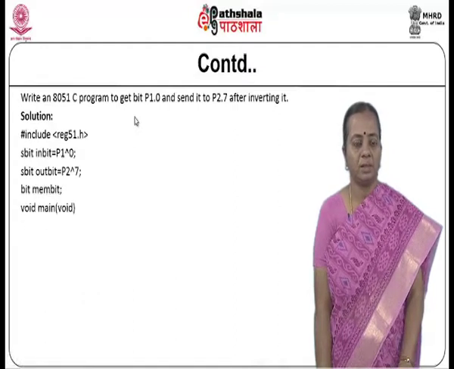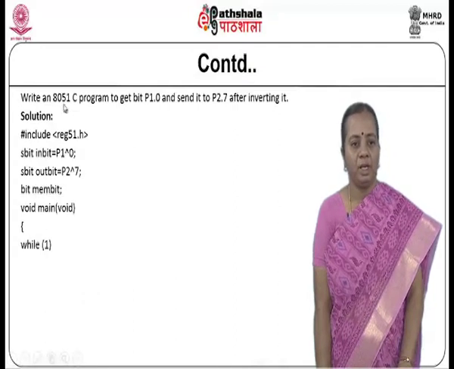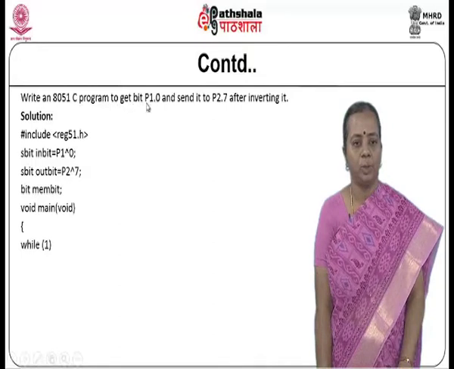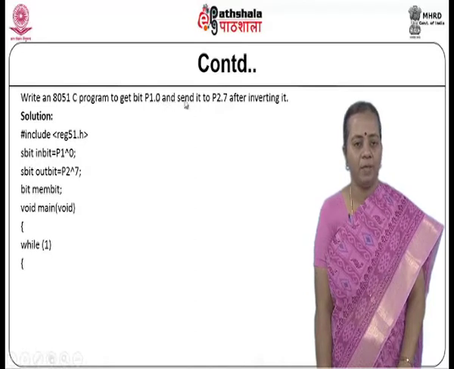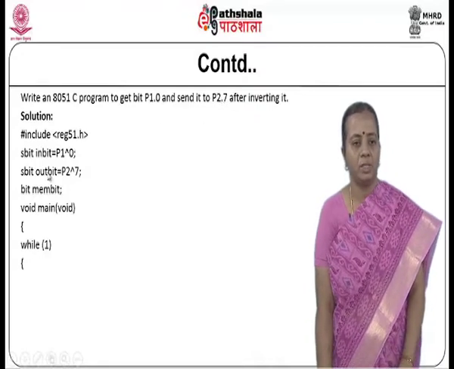Now, this is another example: an 8051 C program to get the bit P1.0 and send it to P2.7 after inverting it. So, we will be reading data from P1.0 and this is inverted, which will be sent to port 2 and 7th pin. This is port 1 and 0th pin. So, we will be reading data from here, inverting it, and sending it to this pin.